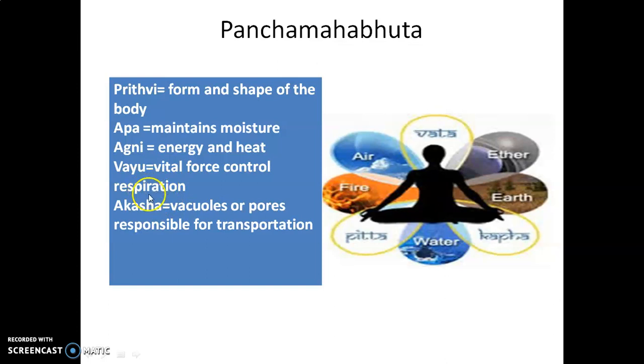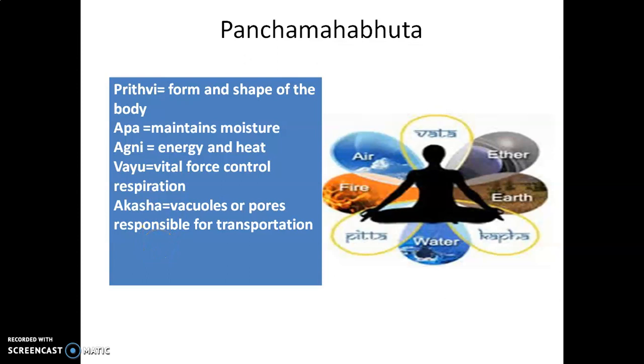So Ayurveda believes that every substance is the combination of these 5 Mahabhutas, and each Mahabhuta has its own characteristic feature, properties, effect, and means of identification.